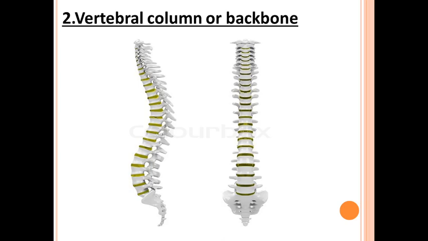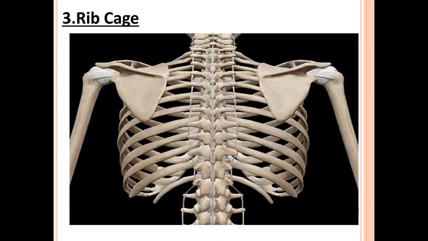We will see that in detail in higher classes. But just remember that the vertebral column protects the spinal cord and supports the head. Understood about the vertebral column? Small points are there.